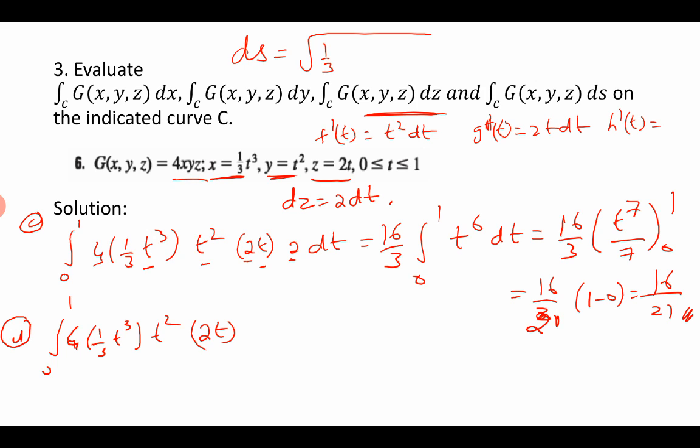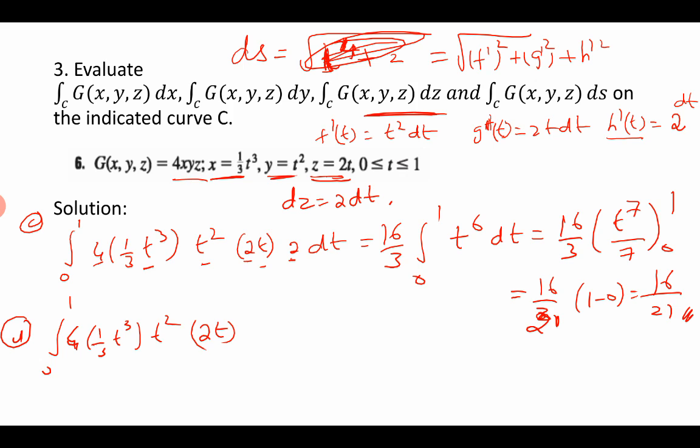H dash of t, third: when you differentiate 2t, it will be 2 dt. So it will be the square root of t square whole square, t raised to 4, because ds is the square root of f dash square plus g dash square plus h dash square times dt.